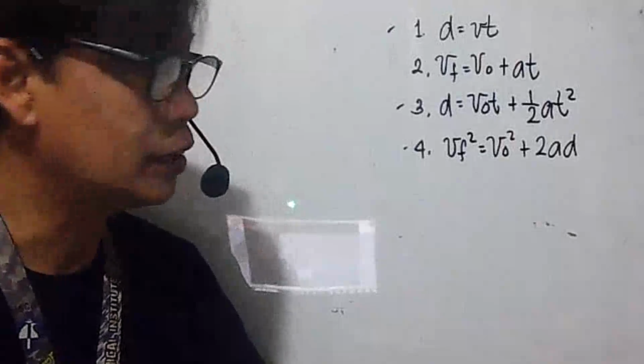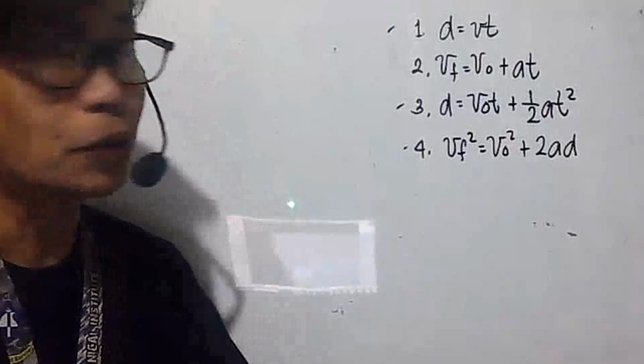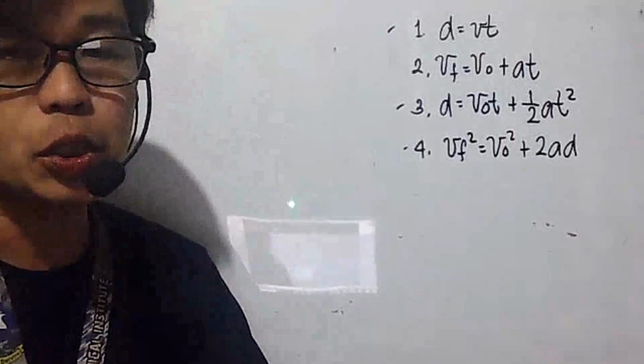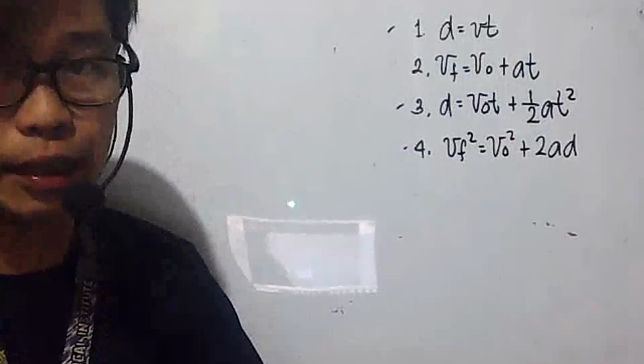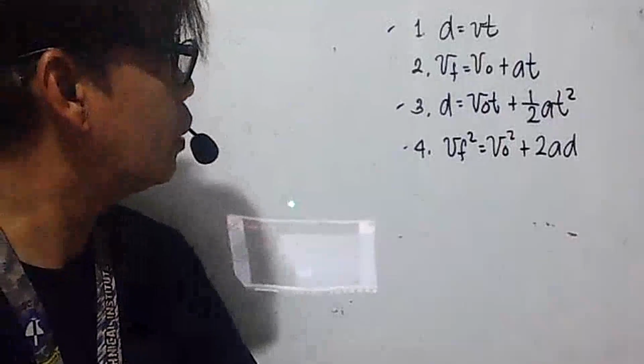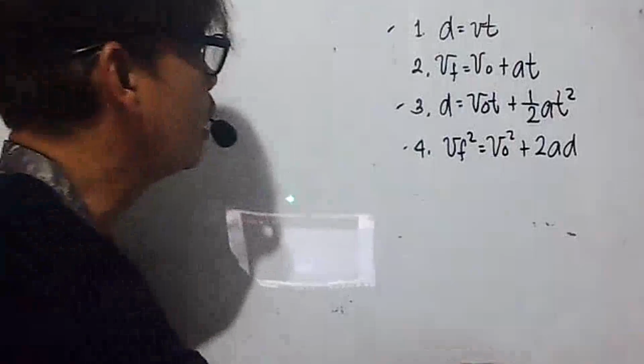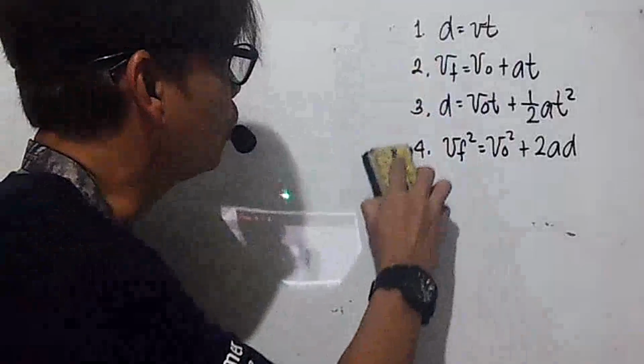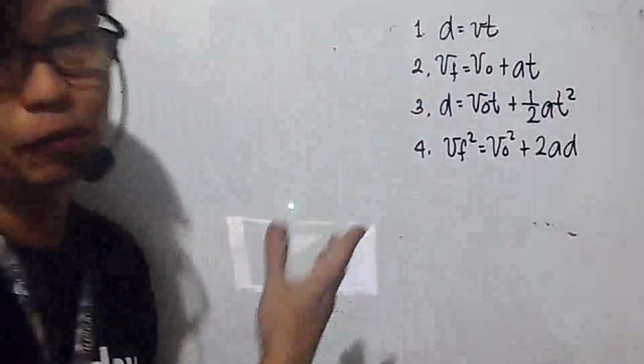And the fourth is your final velocity squared is equal to your initial velocity squared plus 2 multiplied by acceleration and the distance, okay? So these are the four basic formulas, but you could manipulate them to form new ones, okay? Basing from the four formulas, of course.